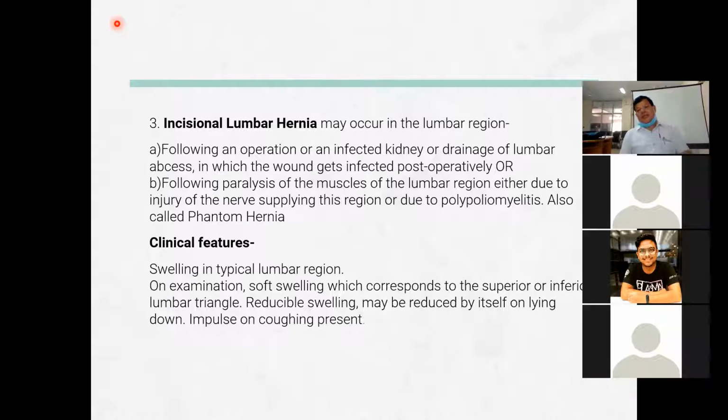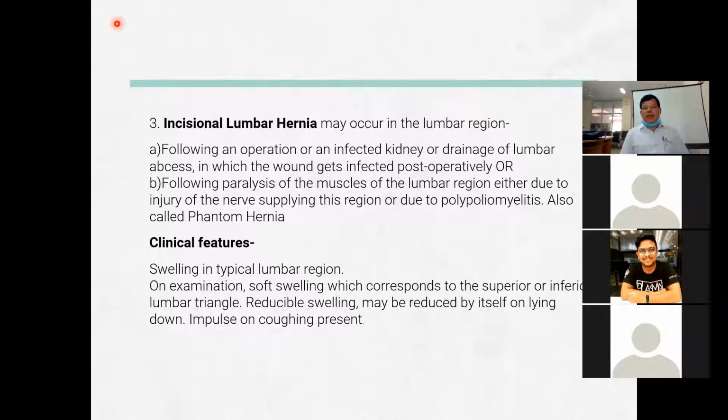In the infected cases of kidney operations, or even if the operation was non-infected, later on the wound may get infected. As a result, there are wound adhesions leading to weakness through which the hernia may occur. So that is incisional lumbar hernia.